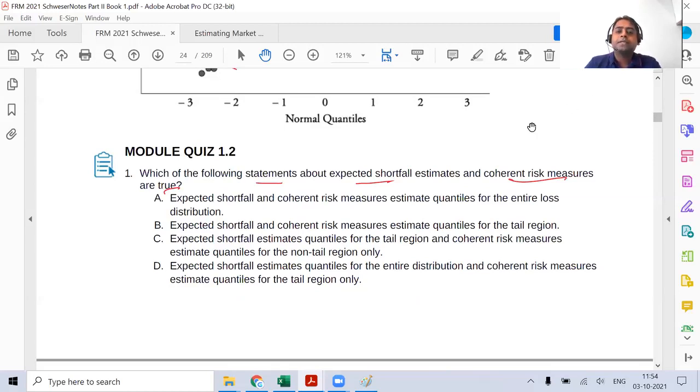See, this question is primarily related to, this expected shortfall was only taking into consideration the tail, right? The tail points, but coherent takes all of them.